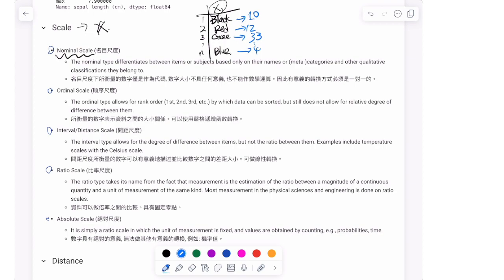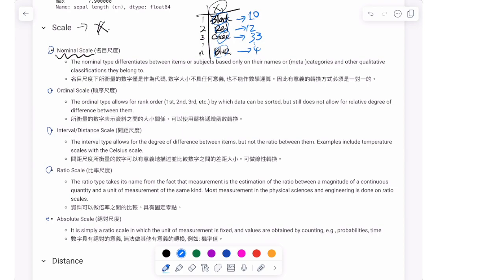So if the X1 is nominal scale, that means the numbers written right here, 10, 12, 33, and 4, you cannot use any mathematical tools to add them together or subtract them or multiply or divide them, because such numbers do not make sense, have no meaning. You cannot add them or subtract them. Those numbers just represent that they are different, they are in different categories.